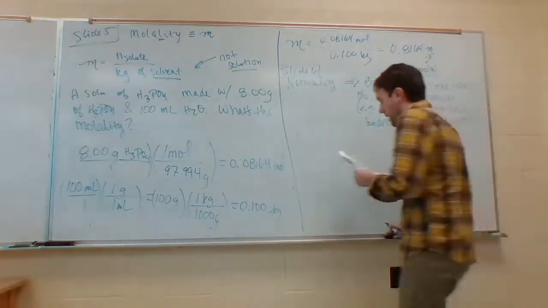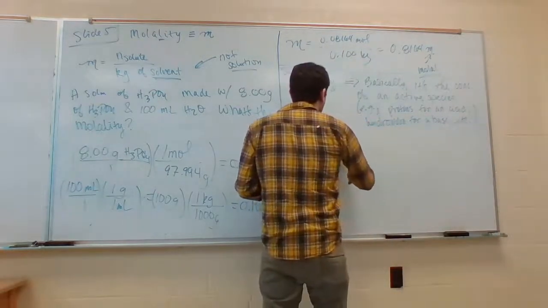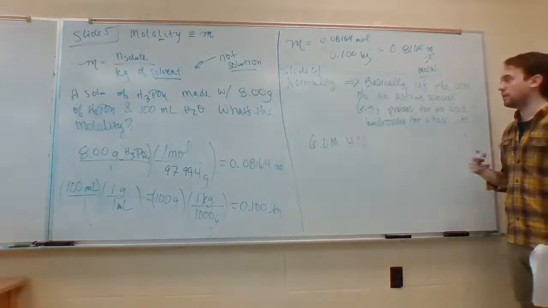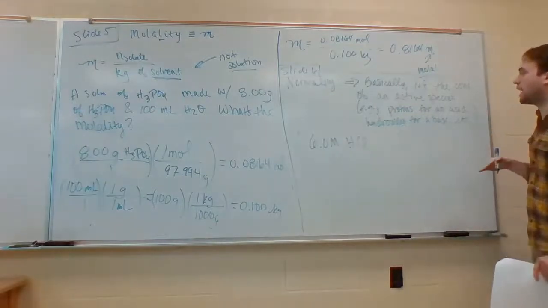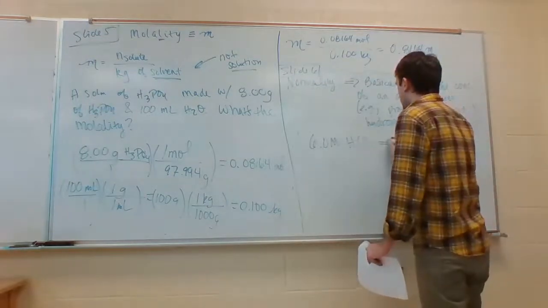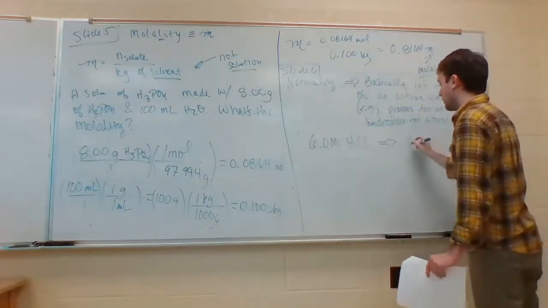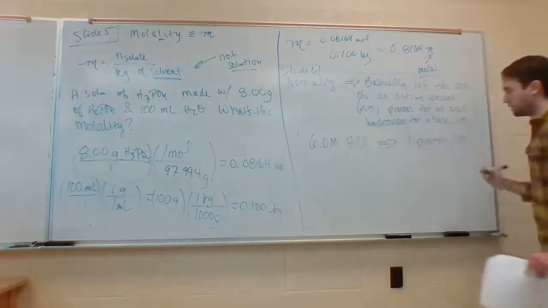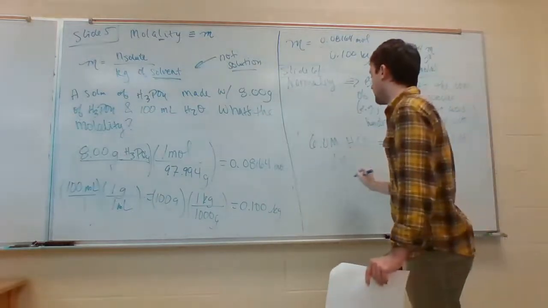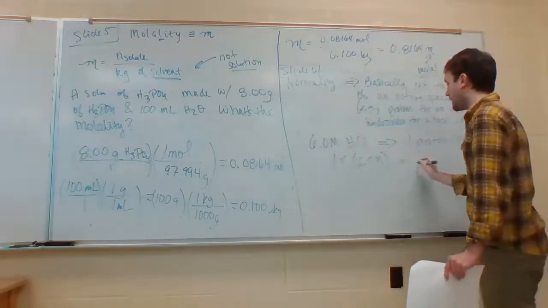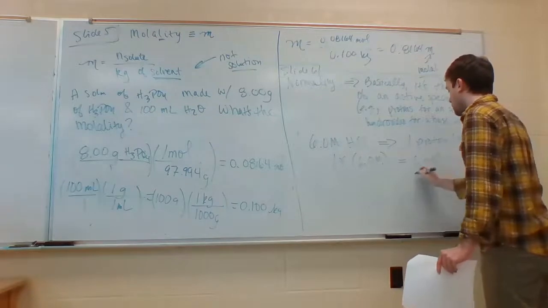As another example, let's say that we have 6.0 molar HCl, hydrochloric acid. Since it's an acid, we're going to be looking at the protons. How many protons do we have? We have 1 proton, 1 H plus. So I take 1, multiply that by my molarity to get 6.0 normal.